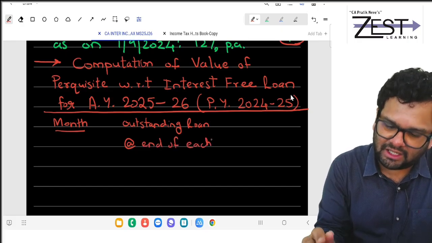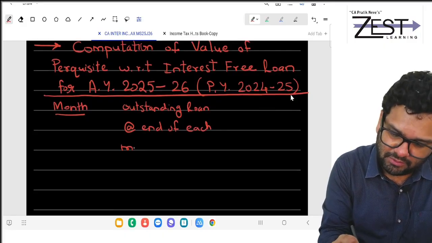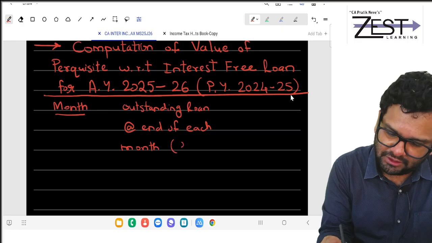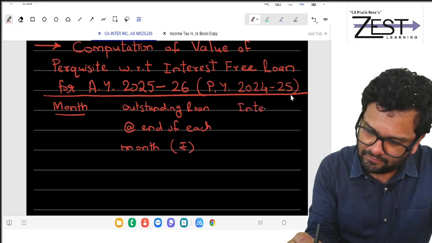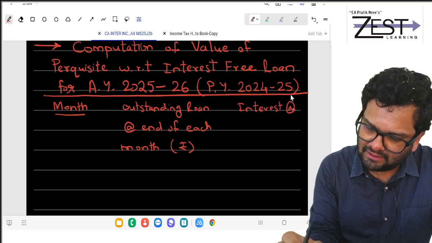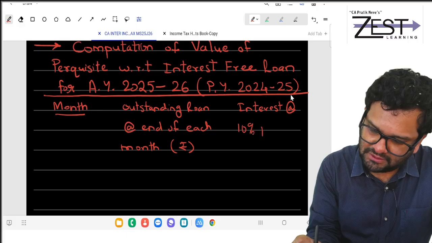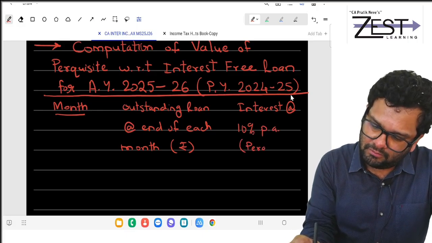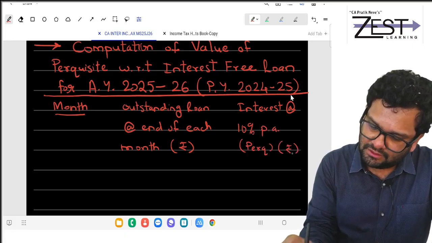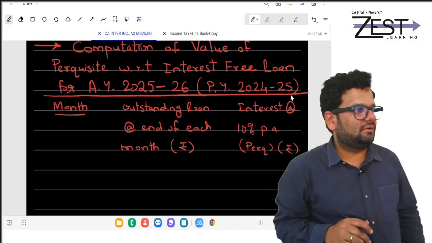I have been told to check at the end of each month. This figure will be in terms of rupees, and the last column will be interest at 10% per annum. This is nothing but the value of your perquisite. This will be in terms of rupees.